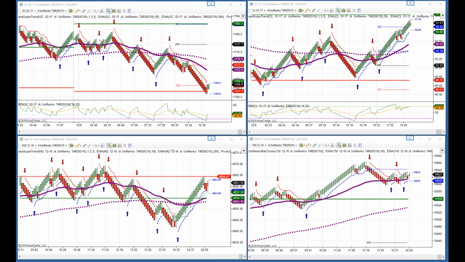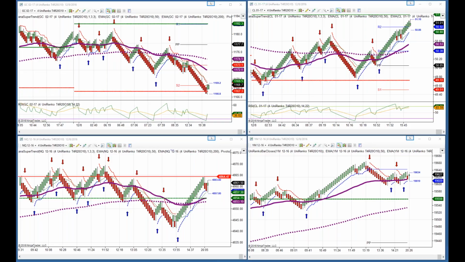I tend to like to write things down. After a trade is over, I like to write notes about why I took the trade, what went right about the trade, what went wrong about the trade, all kinds of stuff like that. So, anyways.